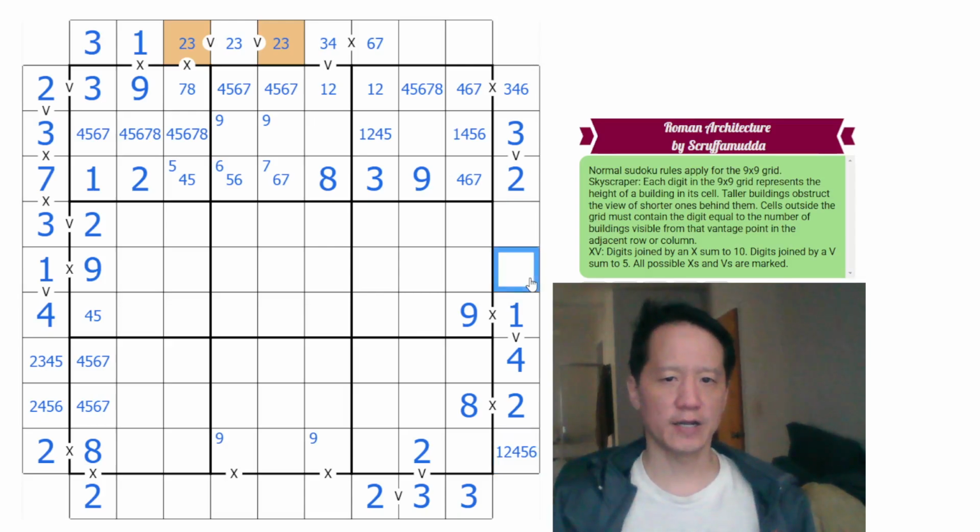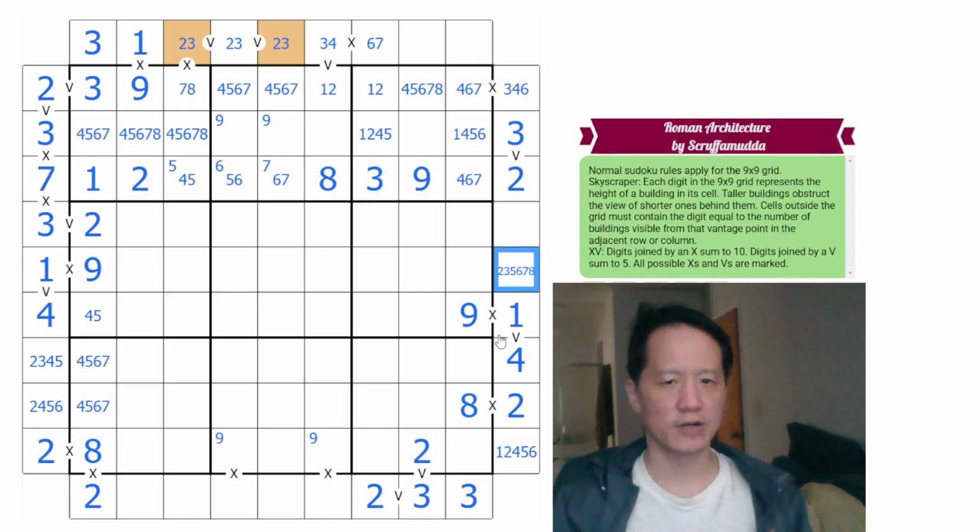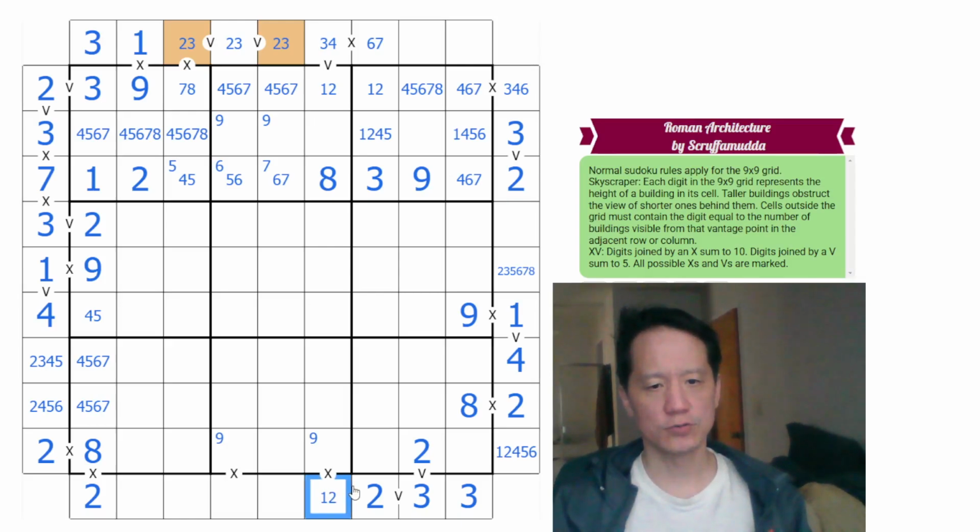This cannot be 9 because then this would have to be 10. It could be 8, 7, 6, 5, no 4. Or it could be 2 or 3 here. This cannot be 2 or 3. Actually, it could be 2. Could be 1 or 2.